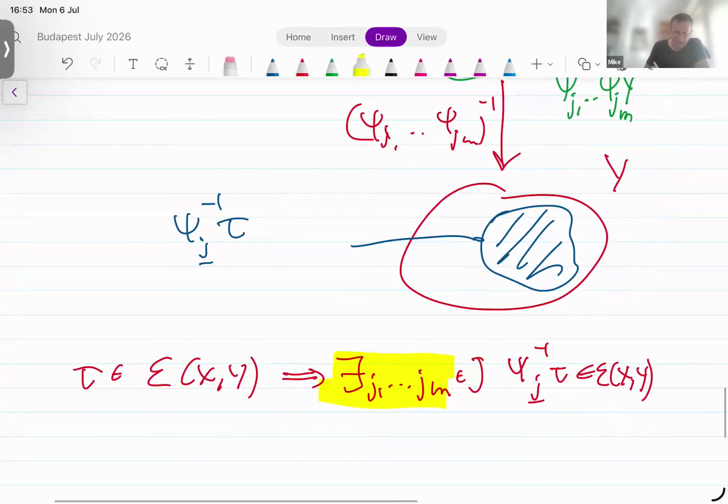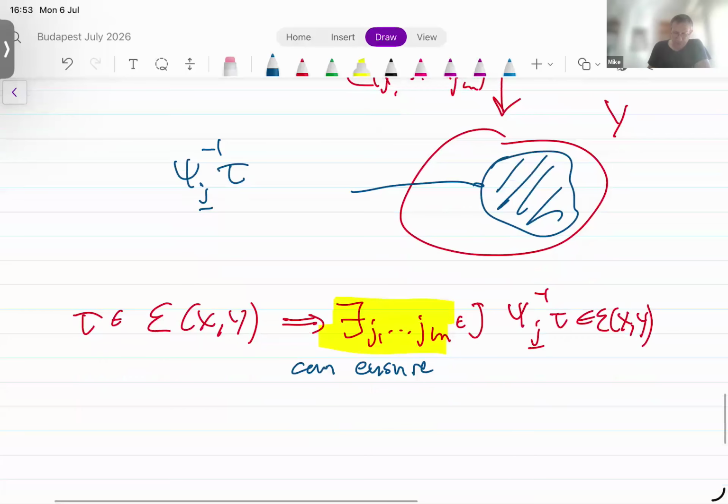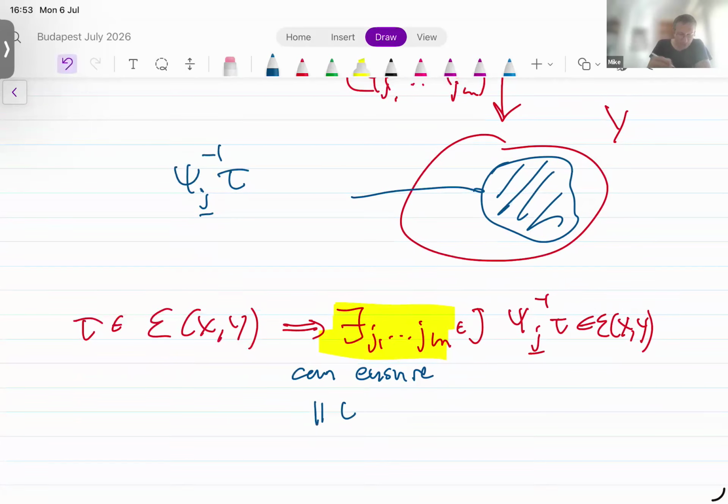That's as much freedom as we have, but we can ensure that if we take the longest possible sequence, the cylinder set is more or less the same size as the image of x. So we can ensure that the Lipschitz norm of psi j inverse tau is more or less of order 1. That's the standard thing.